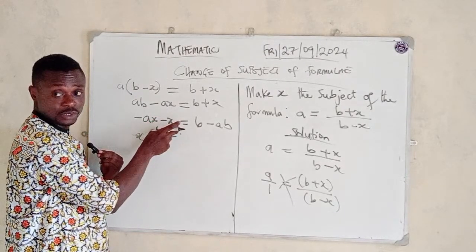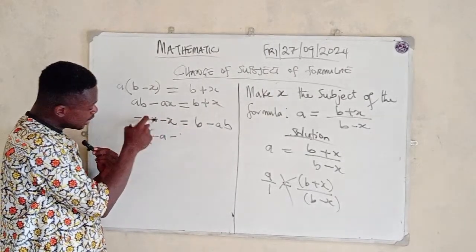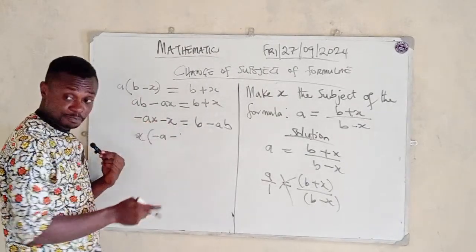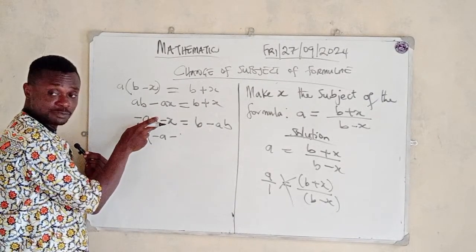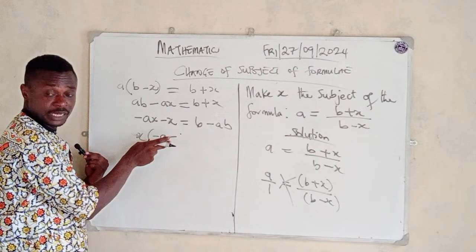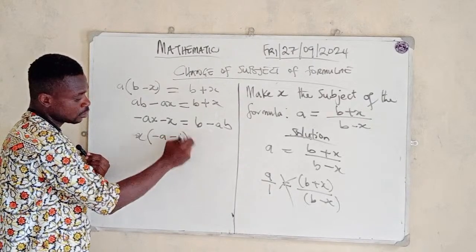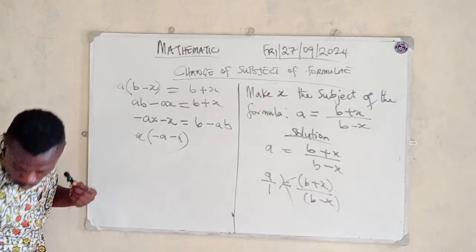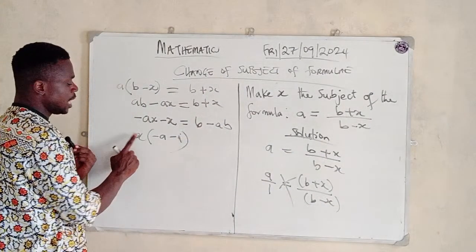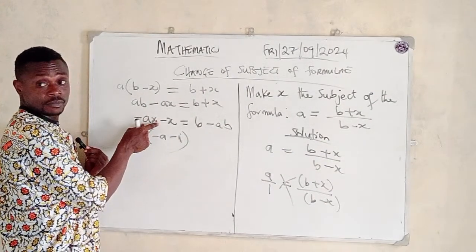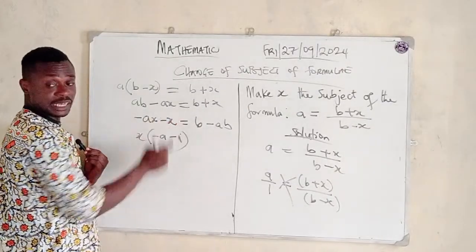Here becomes minus 1 now. For you to bring out this X from here, divide this by X, it will be minus A. Divide this by X, it will be minus 1. If you want to know whether it's true, open it up by multiplying. X times minus A is minus AX. X times minus 1 is minus X. Is it clear?